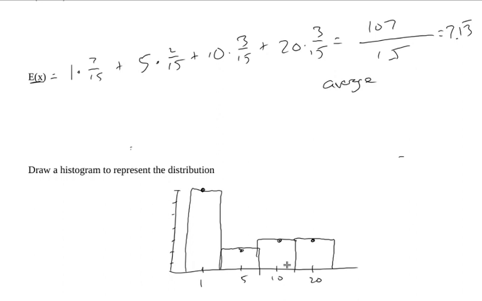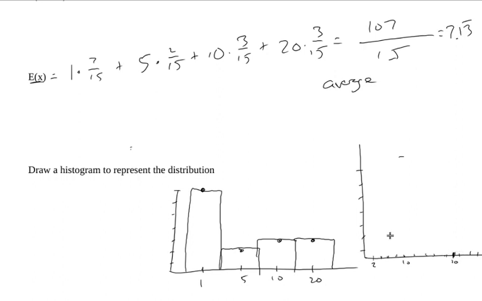Now, an interesting thing about this expected value, how it relates to the histogram, if I was to draw this so that the scale actually matched up, so maybe I should actually do a slightly different version here. Oh, I'm running out of room. Let's make these steps of 2. 2, 4, 6, 8, 10, 12, 14, 16, 18, 20.